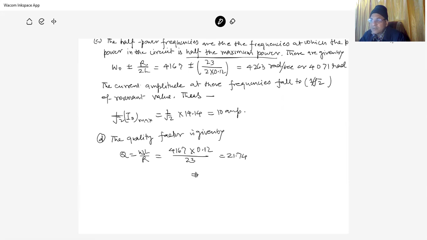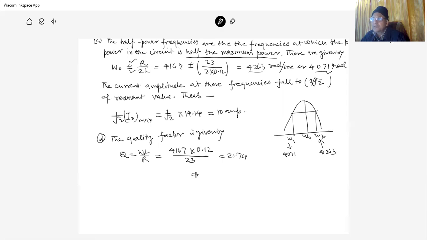So this value is 4260 radian per second, or 4071 radian per second. One time it is positive, and if it is negative, we get the other value. Here it is omega 1, this is omega 2 and omega 0. So omega 1 is 4071 and omega 2 is 4263.